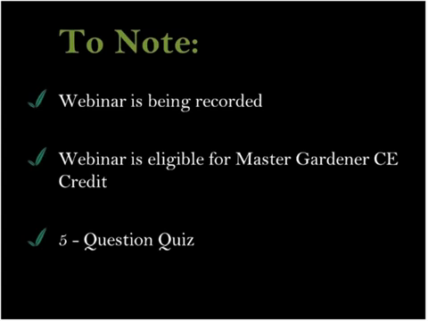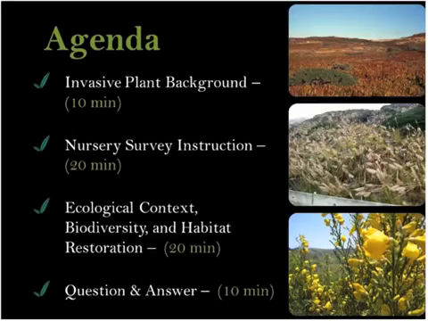So the way we have divided up the webinar tonight is into 4 main sections. The first one will be on invasive plant background. This is what are invasive plants, why does this matter? The next will be a 20-minute segment on our nursery survey and instructions around that.